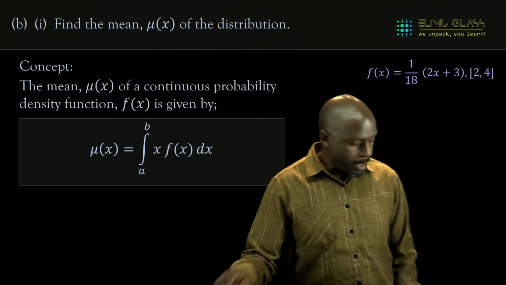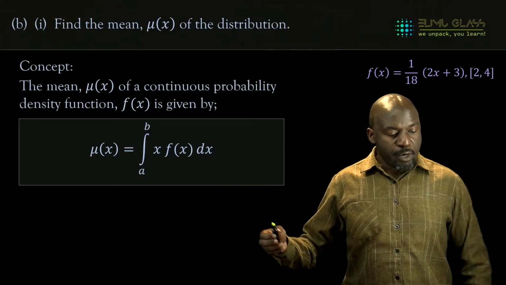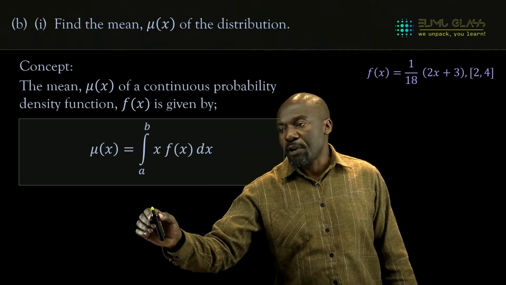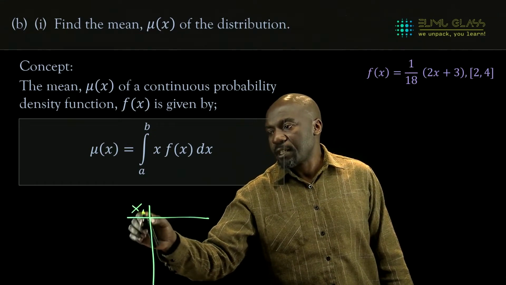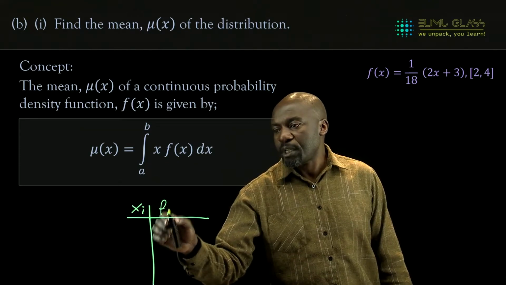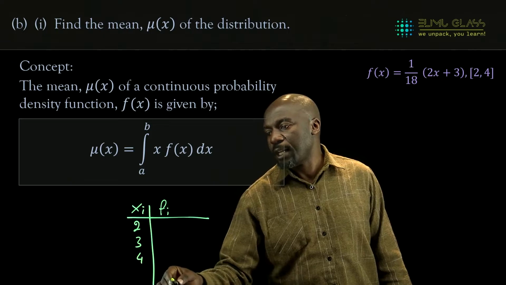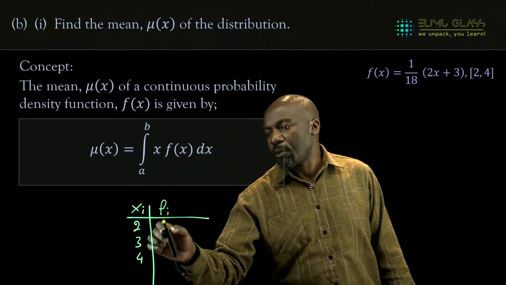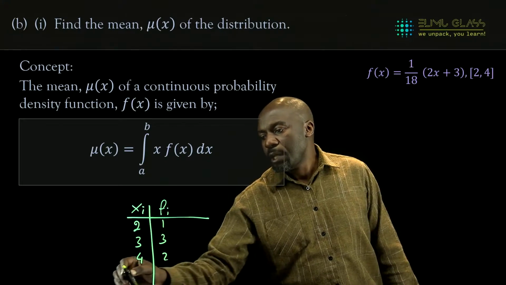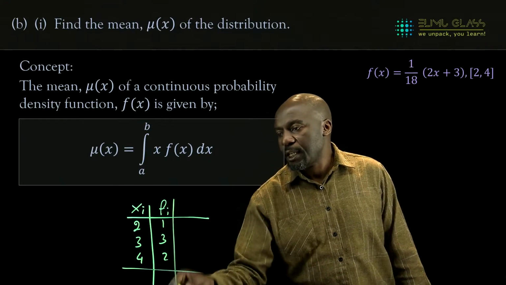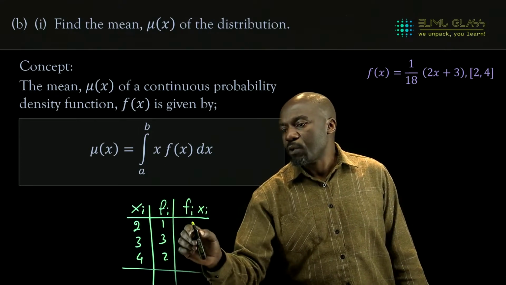If you remember a bit of your statistics, if you're given data values xi and their respective frequencies, let's take some values 2, 3, 4, like that, and suppose this has a frequency of 1 and this a frequency of 3 and this may be 2, then we can find fi times xi, and that would be 2 here.